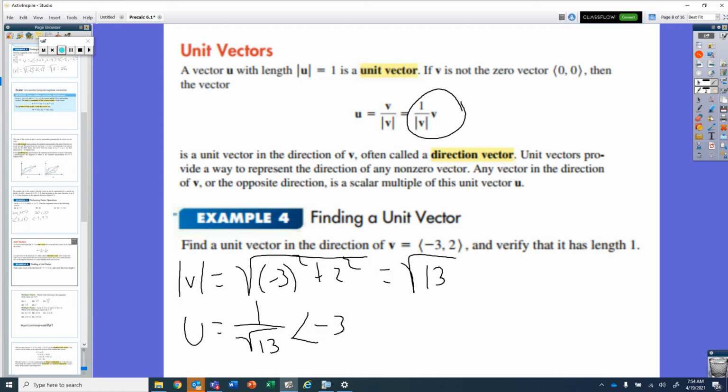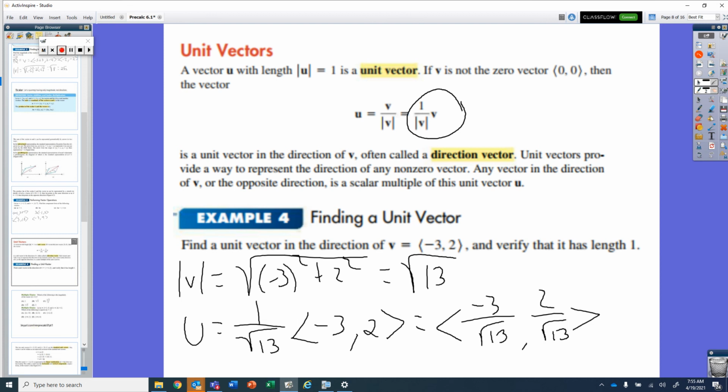And yes, this is very similar to just dividing through, but we want to think of it more as vector scalar multiplication. I think it will make more sense as we continue on if we think of it more as scalar multiplication. So ultimately, -3 over the square root of 13 and 2 over the square root of 13 is the unit vector.